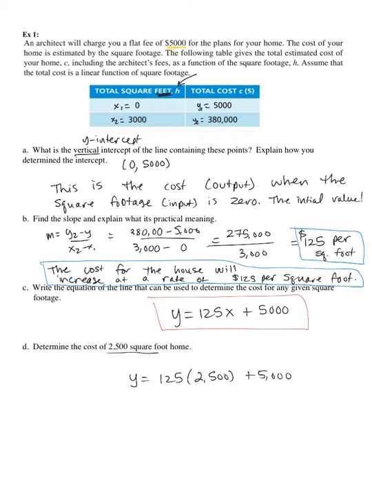Let's see what we get. 125 times 2,500 is 312,500, plus 5,000. That gives us a grand total of 317,500. And again, they are certainly not living in Hawaii.